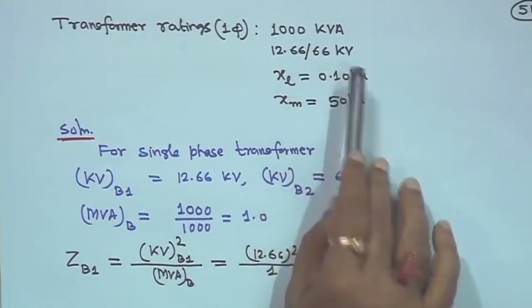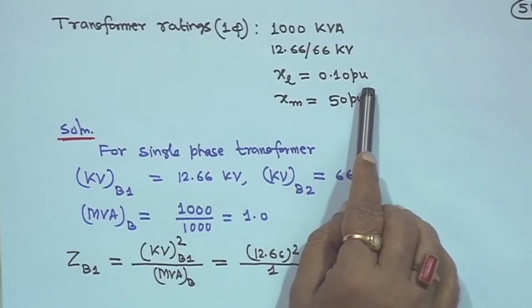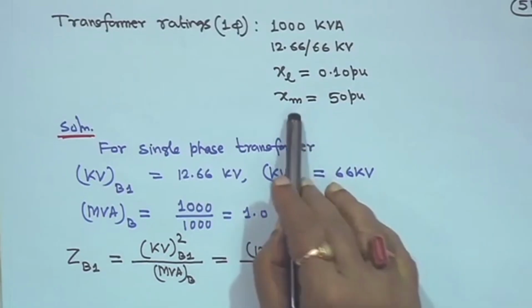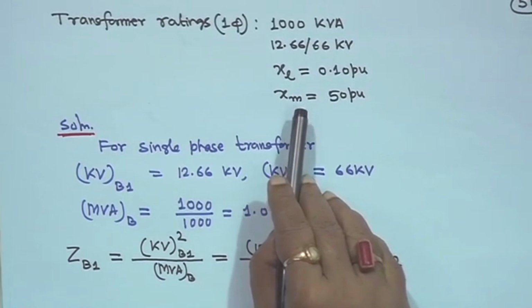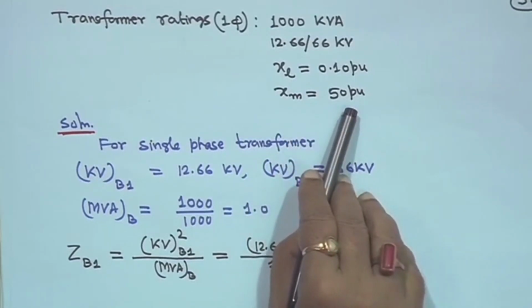The leakage reactance is given as 0.10 per unit, and in this case XM is not motor, it is the magnetizing reactance, 50 pu is given.